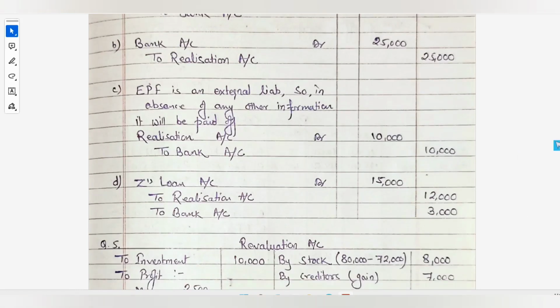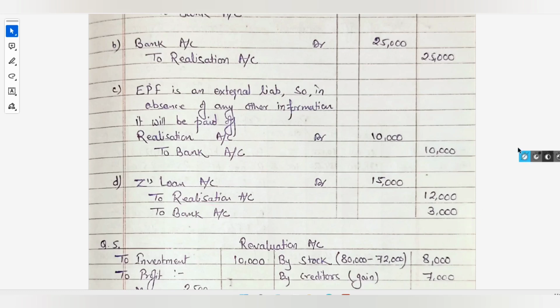So to settle the account of the partner's loan, first of all we need to close down the account of loan, that is Z's loan account will be debited by rupees 15,000. Then the amount of stock given to the partner as a part of settlement, so we need to credit the realization account, and the remaining part has been paid through cash. That means bank account will be credited by rupees 3,000. So this is the entry of the last transaction.